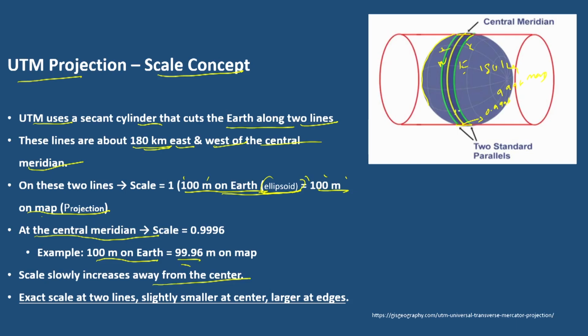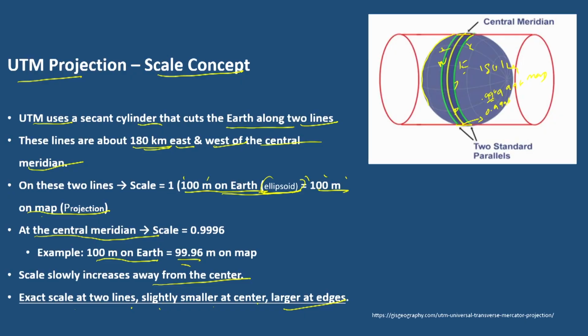Here it is not actually 1, it is 0.9996, but the scale slowly increases from the center. So, the exact scale is at the two lines, slightly smaller at the center, larger at the ends. Started with this gap, so this will balance, so that once it reaches the edge, it will become 1. So, like that we can take it.